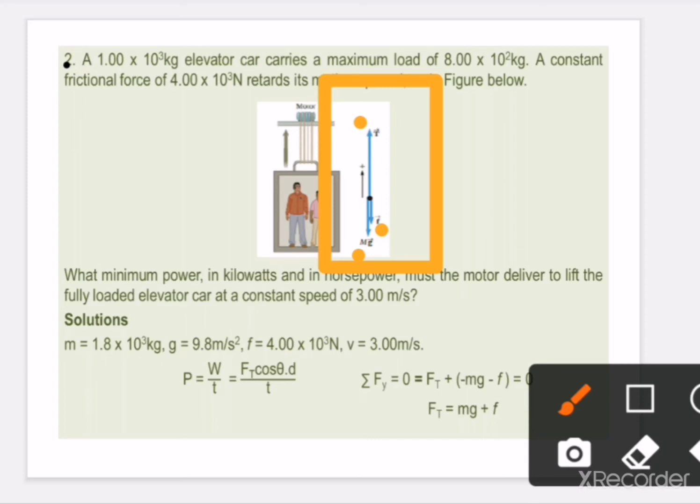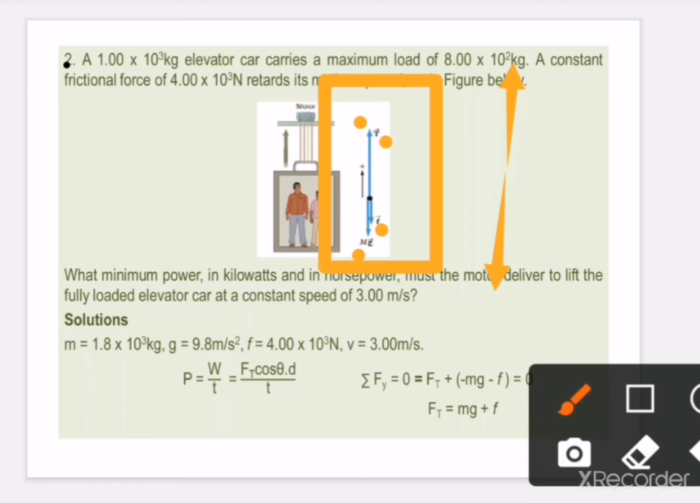Constant speed means the net force acting equals 0. And if the net force is 0, then the total upward forces and total downward forces must be equal. So mg plus F must be equal to this force here, the tension force.